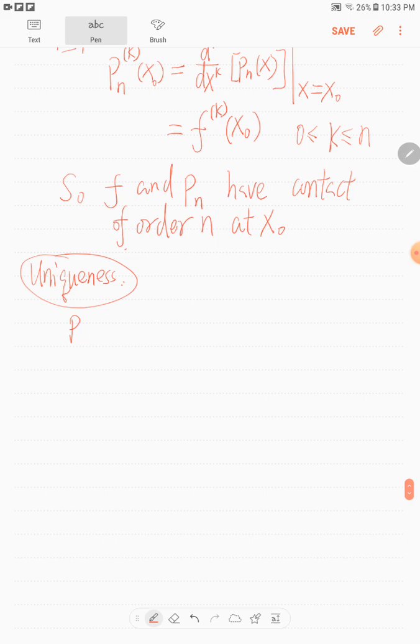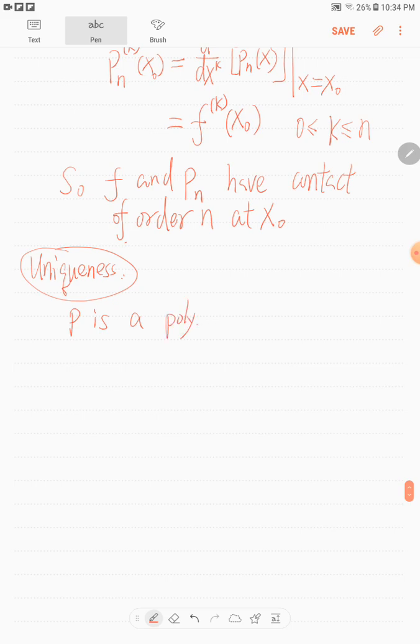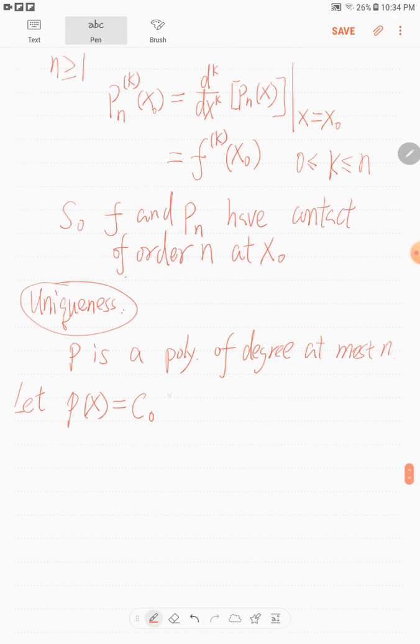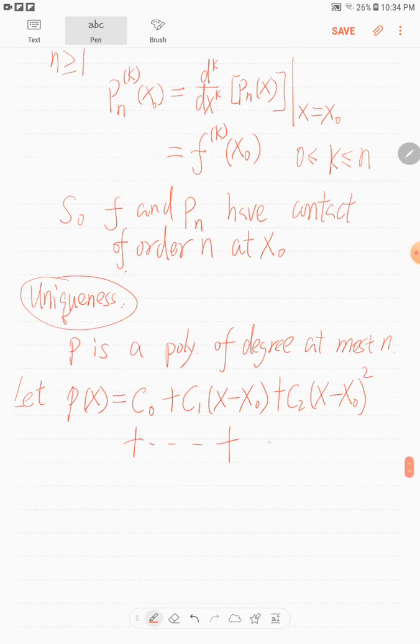P is a polynomial of degree at most n. It can be written in powers of x minus x naught as P of x equals c naught plus c1 times x minus x naught plus c2 times x minus x naught squared, and continuing, plus cn times x minus x naught to the nth power.